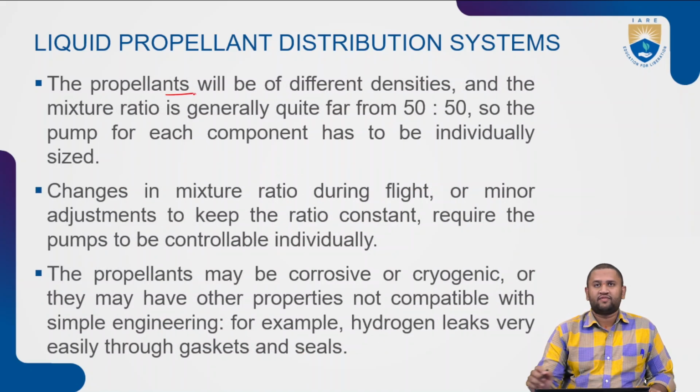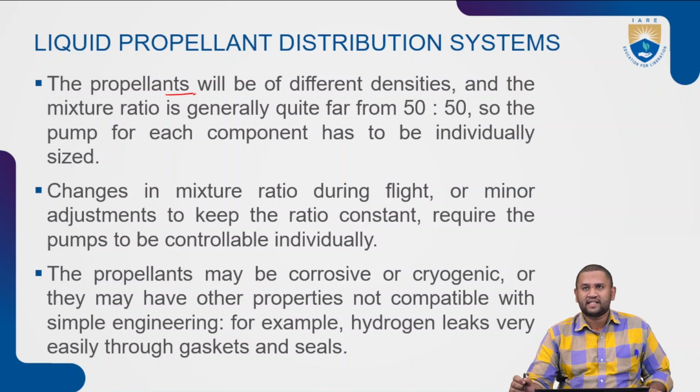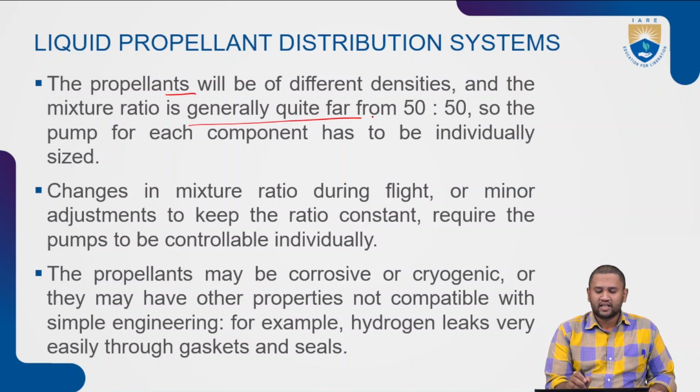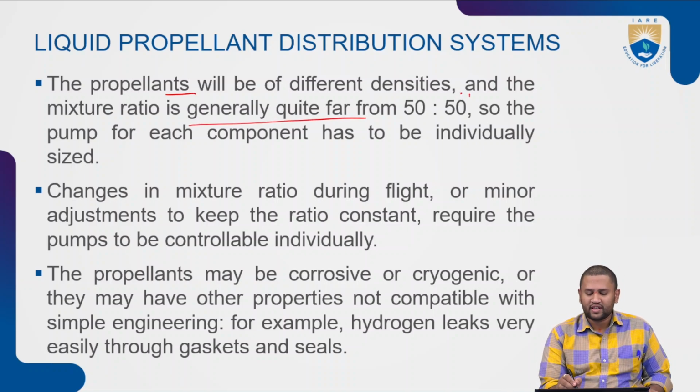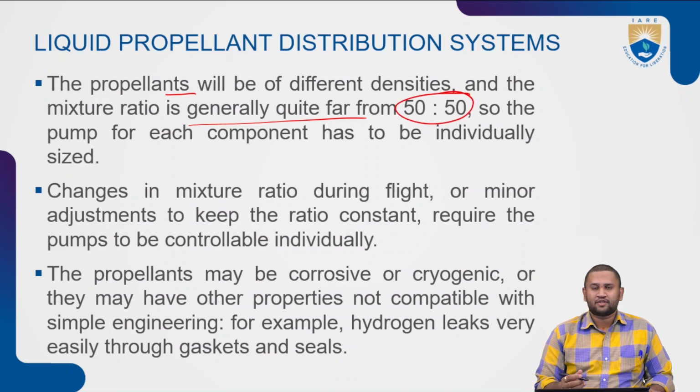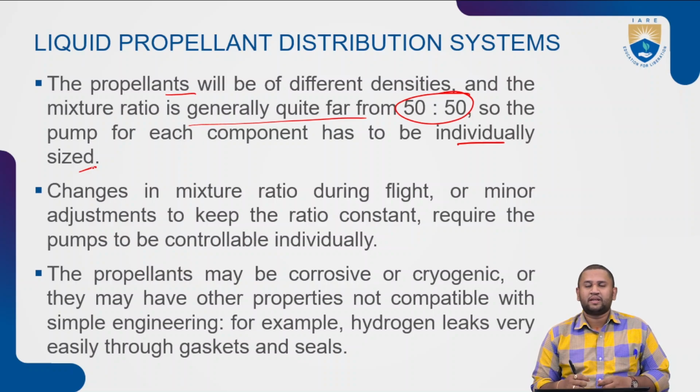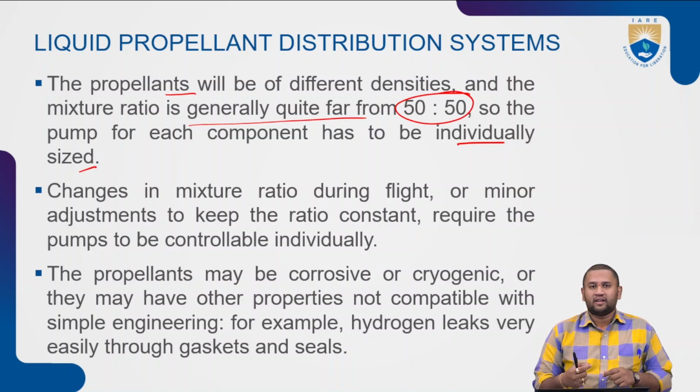The propellants will be of different densities, and the mixture ratio is quite far from 50:50. So the pump of each component has to be individually sized according to the mixture ratio and the densities of each fuel and oxidizer combination for the rocket engine that we will be designing.